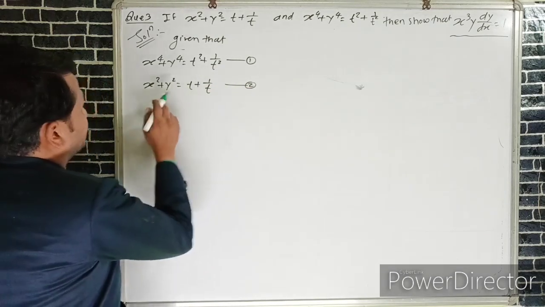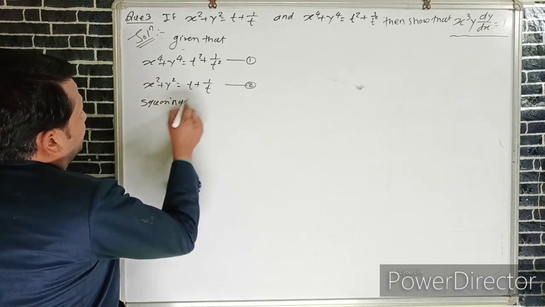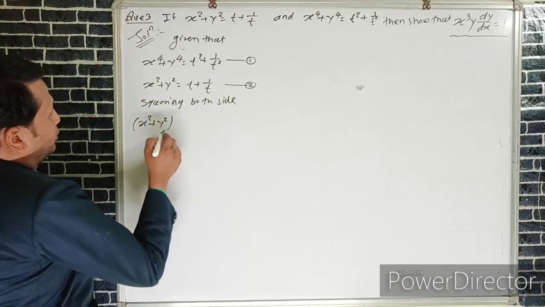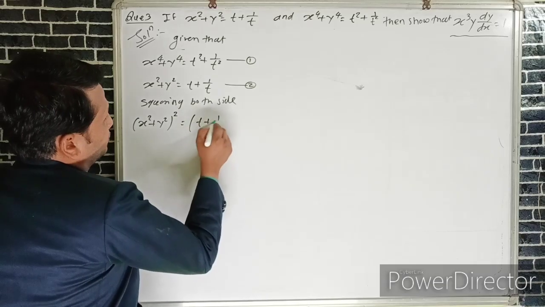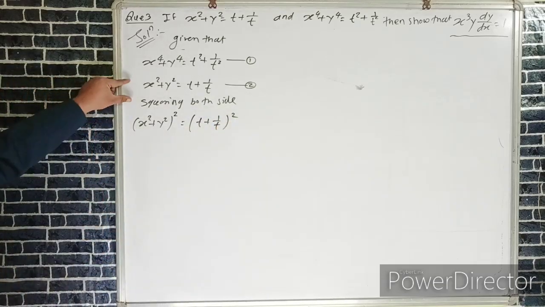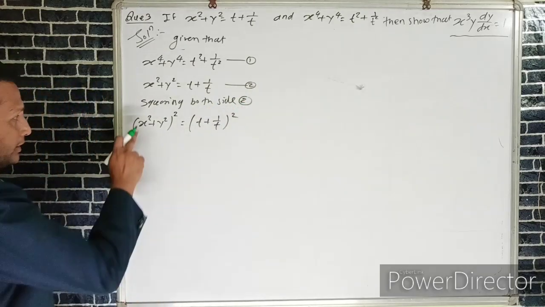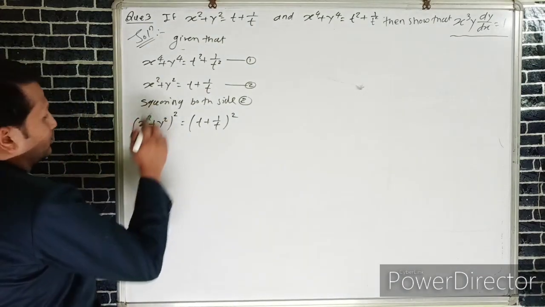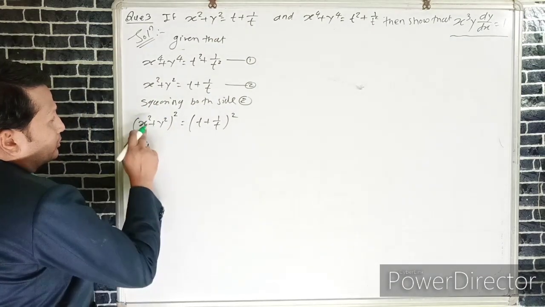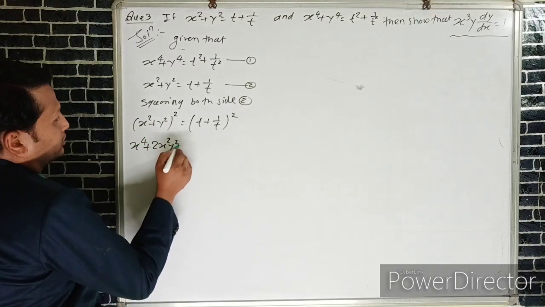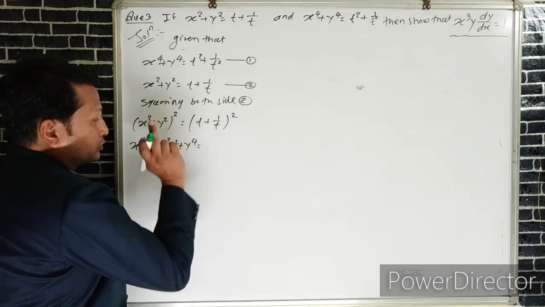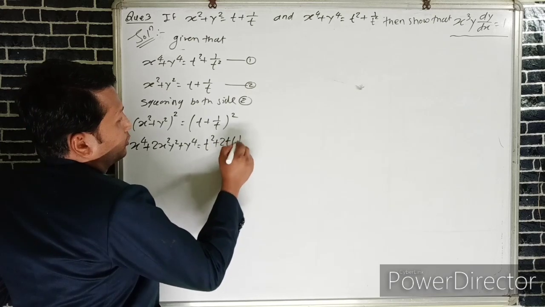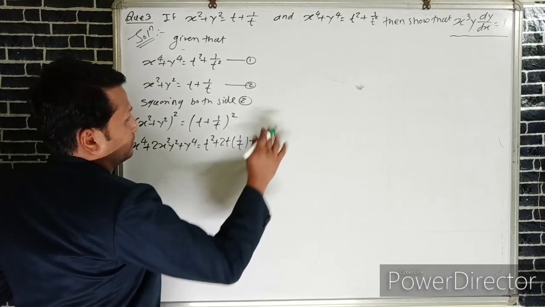If we square both sides of equation 2, we can write (x square plus y square) whole square is equal to (t plus 1 by t) whole square. Using the (a plus b) square formula, we can write x square of square, which is x raised to the power 4, plus double the product 2 x square y square, plus y raised to the power 4, is equal to the square of the first element t square, plus double the product 2t into 1 by t, plus 1 upon t square.